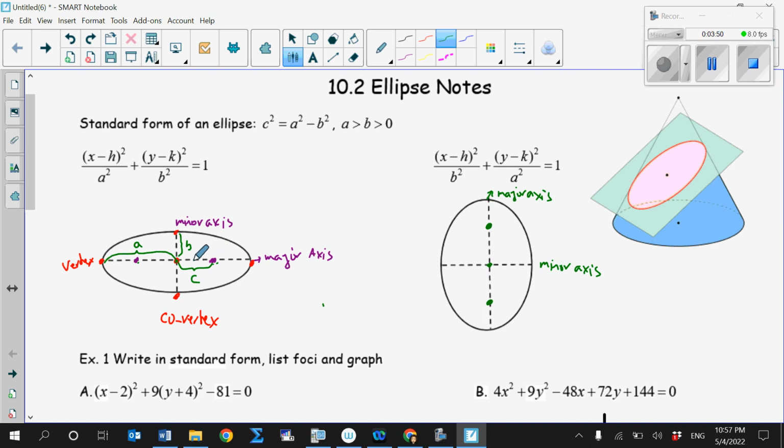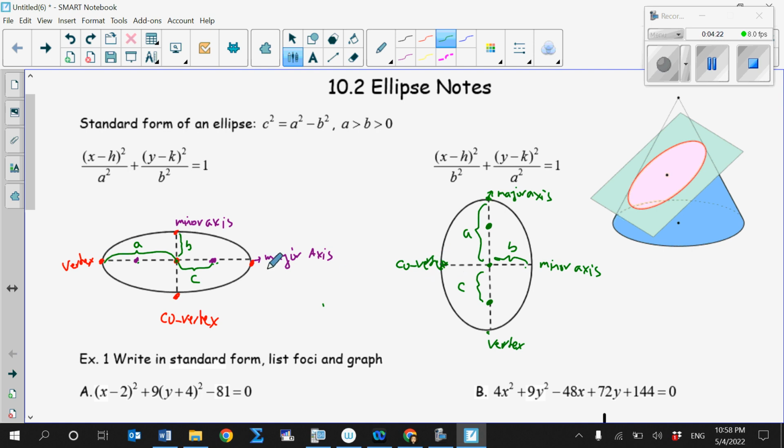For the other one, the focus points were horizontally aligned with the center. Again, we call half of the major as A, half of the minor as B, and the distance between focus and the center as C. Again, we have vertex points. These two are the vertex points, and these two are covertex.